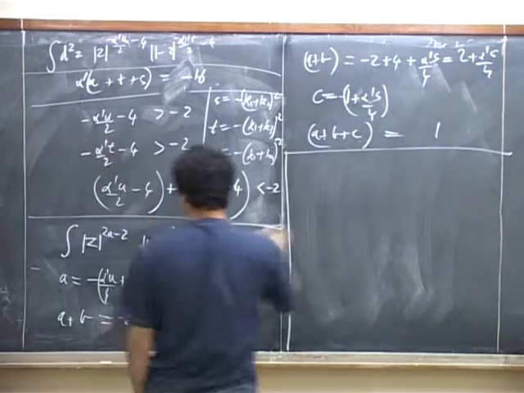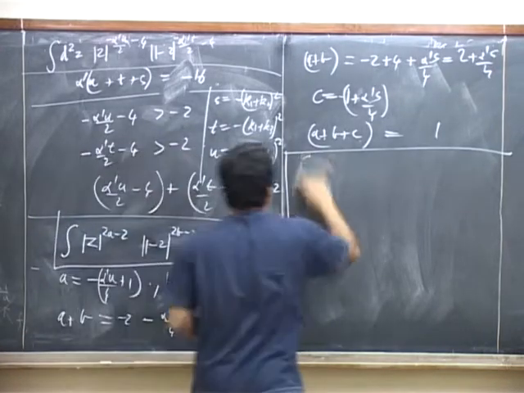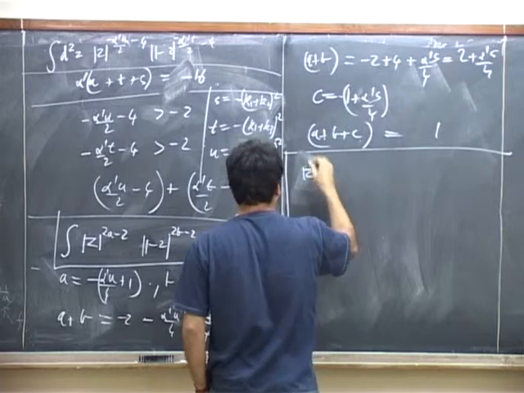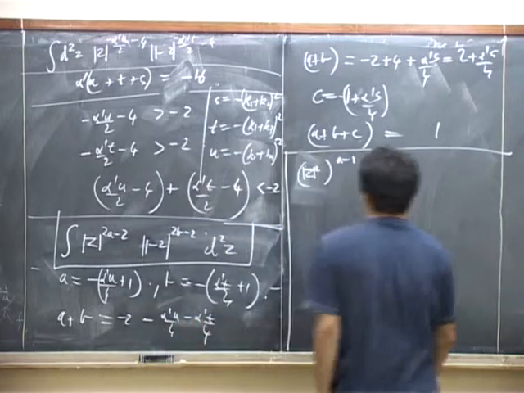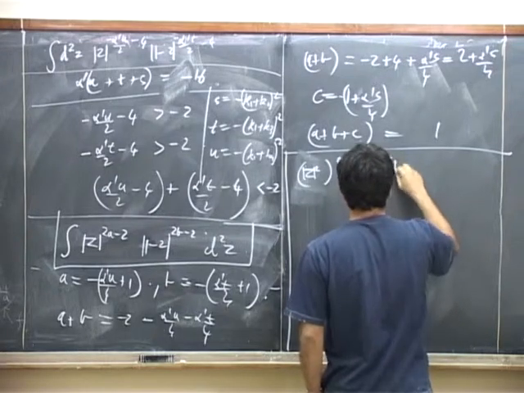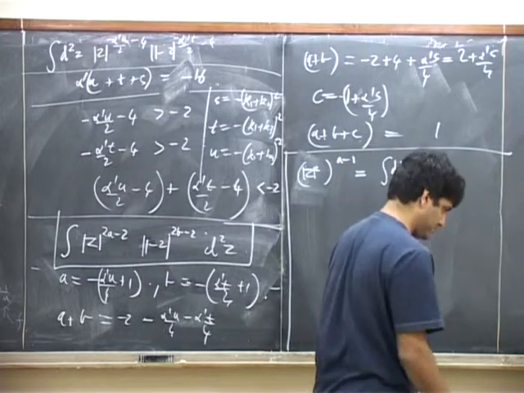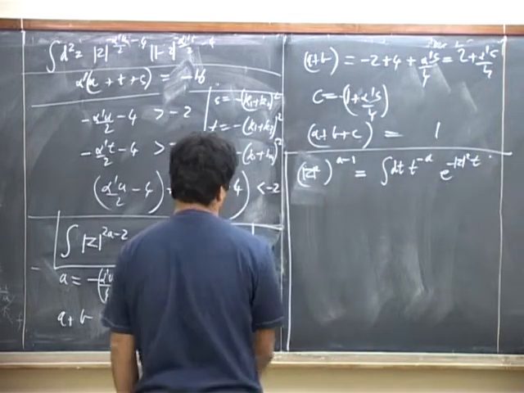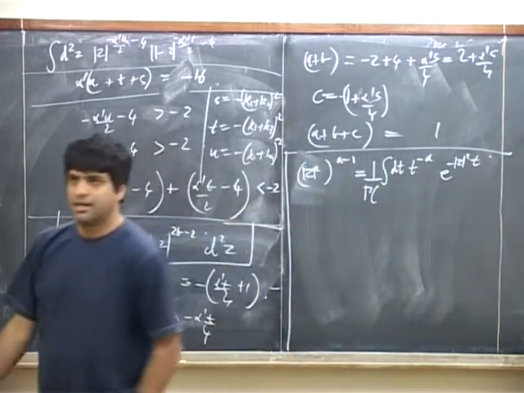Okay. So let's do this integral. So we're interested in this integral here. And in order to do it, we're going to use a trick. Well, we're going to use the fact that mod z squared to the power a minus 1 is the same thing as the integral dt t to the power minus a e to the power minus mod z squared t, divided by gamma of, now what is it?